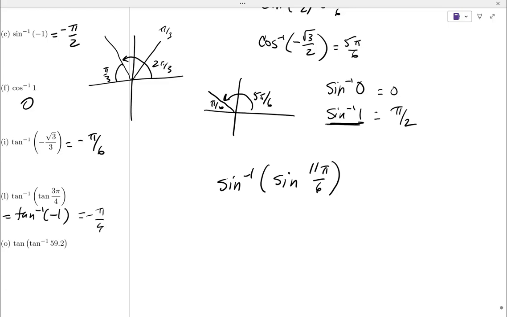Okay? So again, if I go for the picture idea, what quadrant is 11 pi over 6 in? 4, right? All the way around to here would be 12 pi over 6, 2 pi. So it must be just short. So your 11 pi over 6 is in quadrant 4, right?